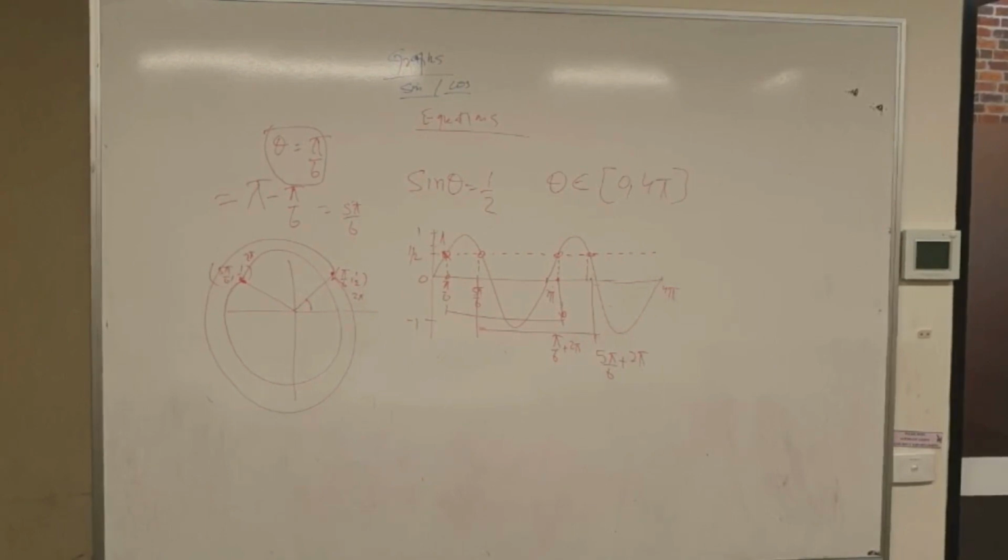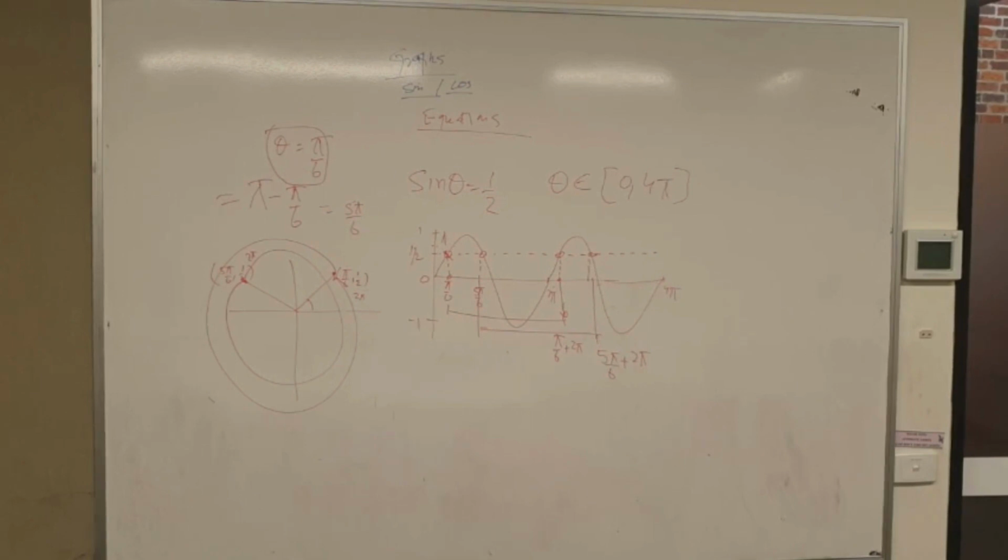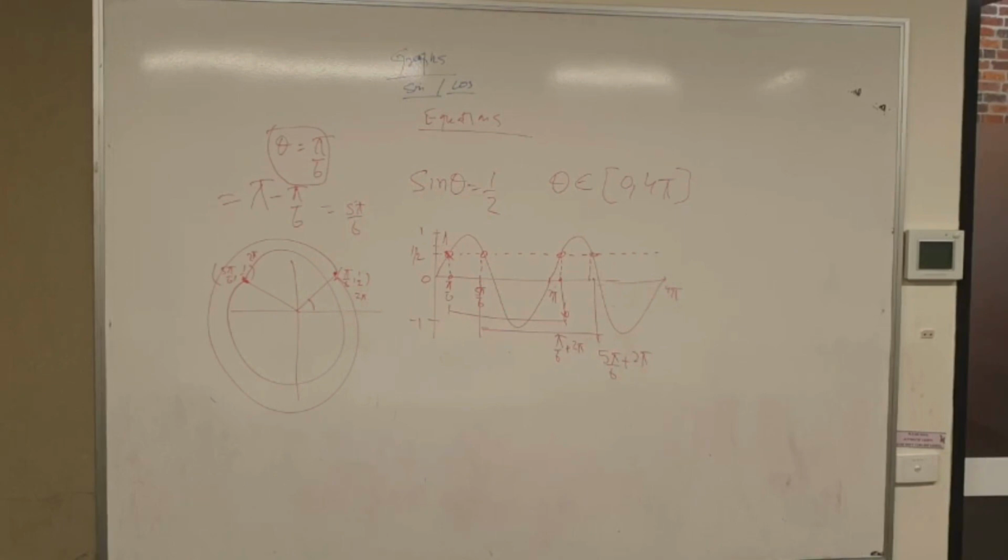Domain is 0 to 4 pi. Wait, what's the domain? 0 to 4 pi.